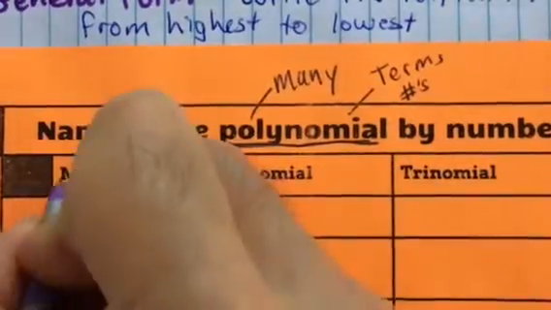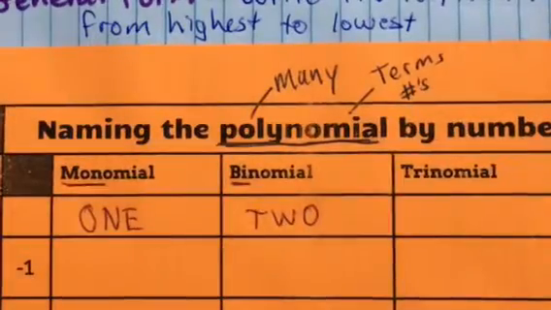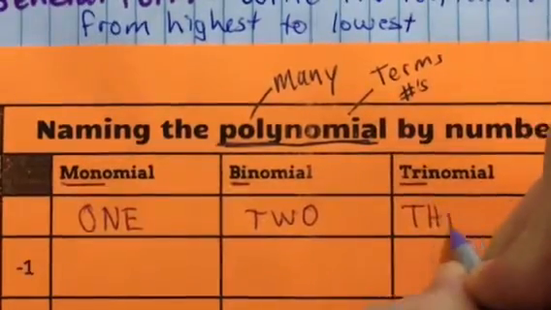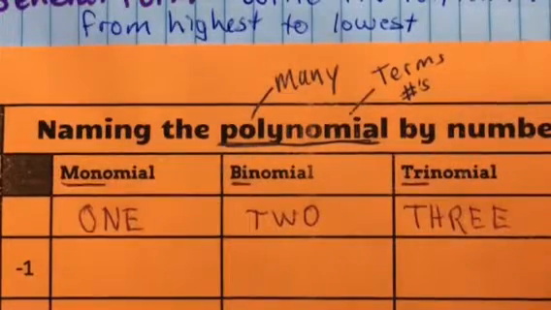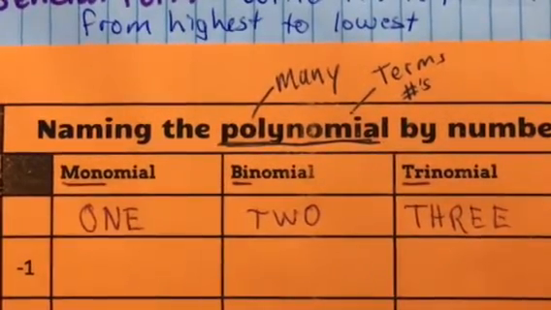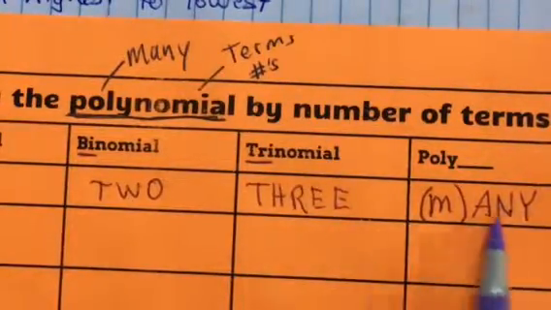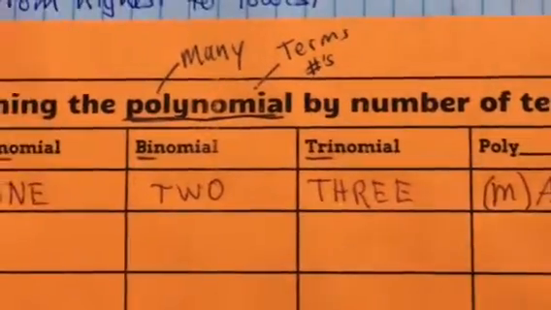Monomial means you have one term, mono, one. Binomial means you have two terms, tri, three terms, and poly means, well, it could be, I'm going to put this here, any number of terms or many terms. It could just be one. These are all polynomials. Many or any, your choice.